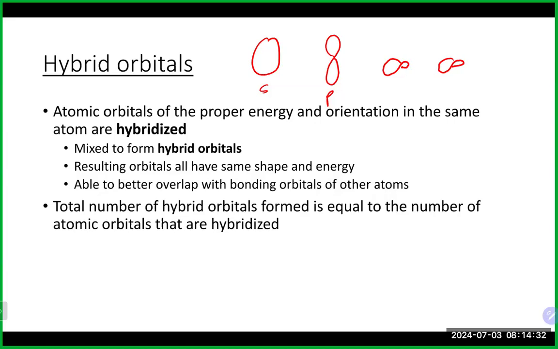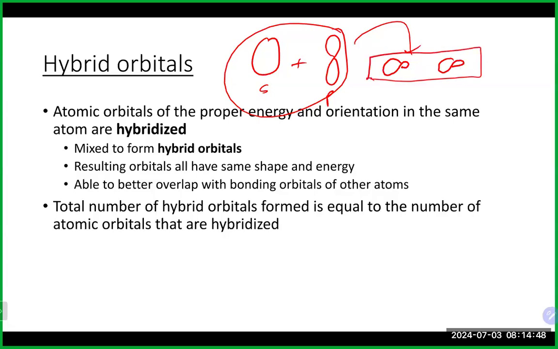It allows for better overlapping with the bonding orbitals on other atoms. That's the idea of the hybrid orbital, all equal in terms of energy, and that's going to allow better mixing and bonding.